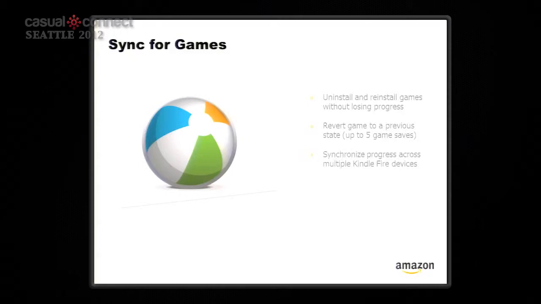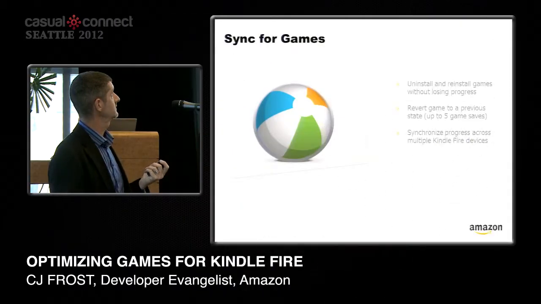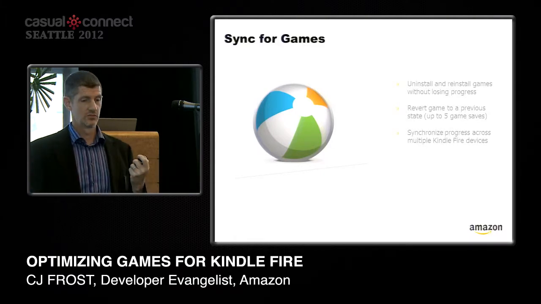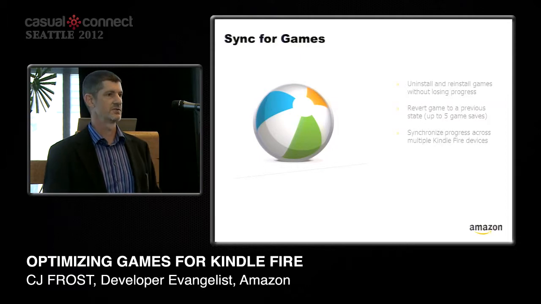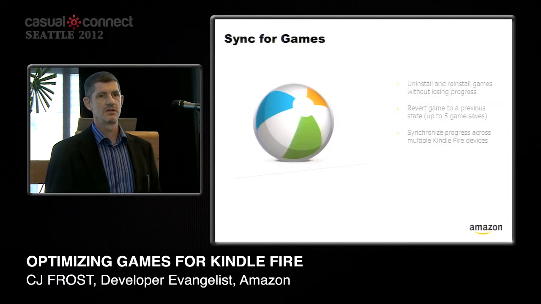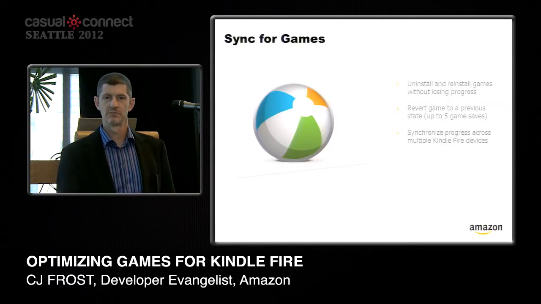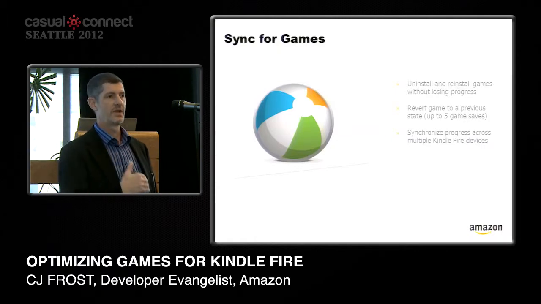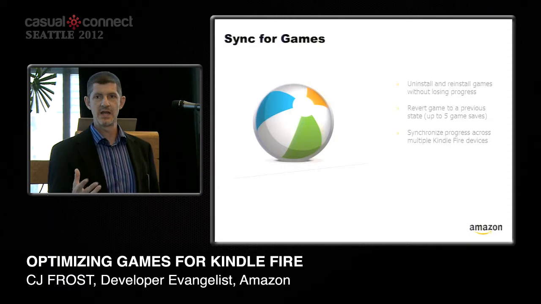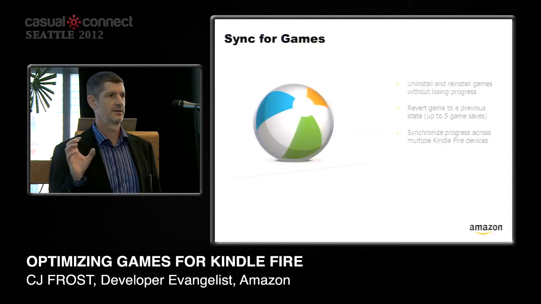So when we think about sync, there are three basic capabilities that we provide. One thing that we've noticed with Kindle Fire users is they move around a lot, and they uninstall and reinstall. With Game Sync, you can uninstall and reinstall a game, and the sync keeps the game state.